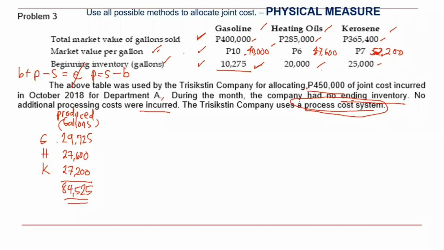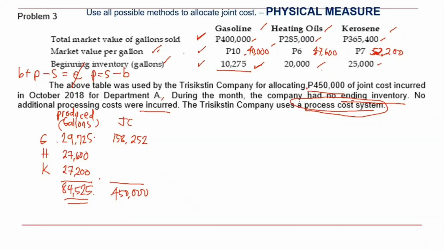Then going back. So, physical measure naman na pinag-uusapan. Ito na yung gallons natin na produce. So, ito na mismo yung basis natin na allocation. Joint cost po na pinag-uusapan magkano? 450,000 pesos. So, when we try to allocate this time, so that would be 450 times 29,725 over 84,525. So, the answer is 158,252.